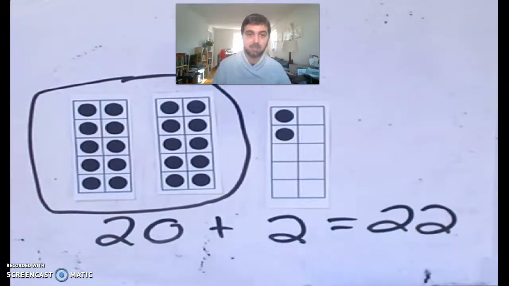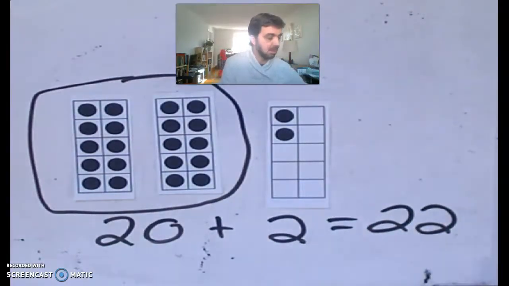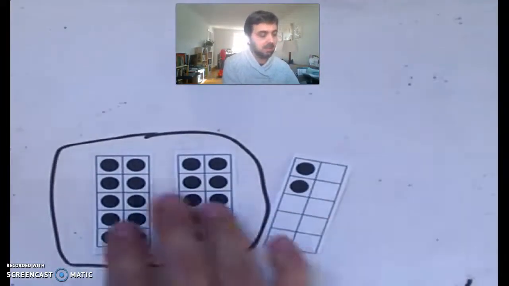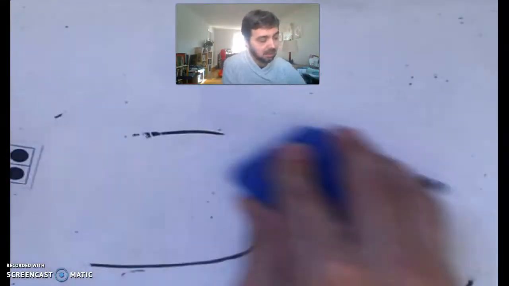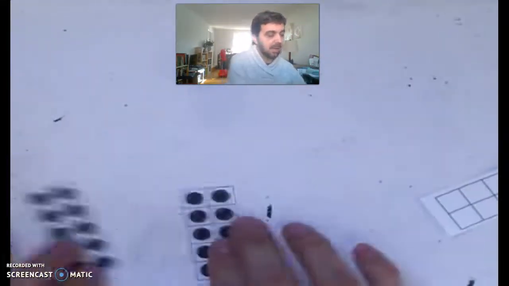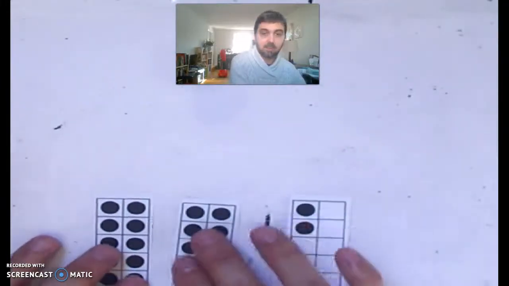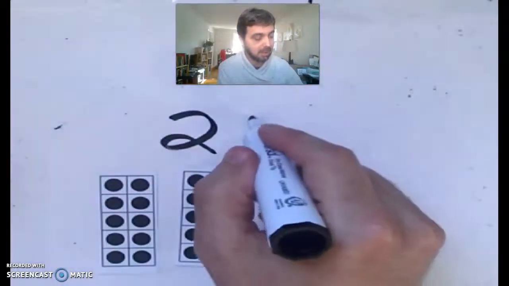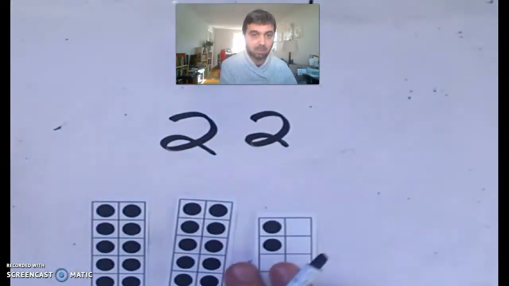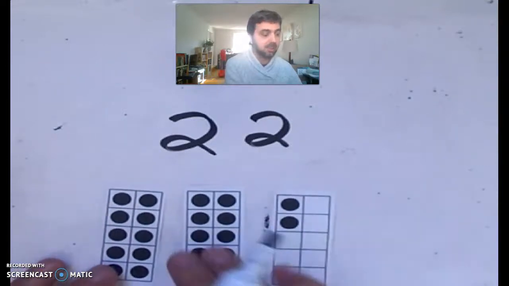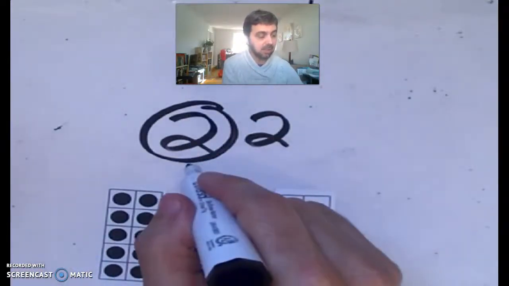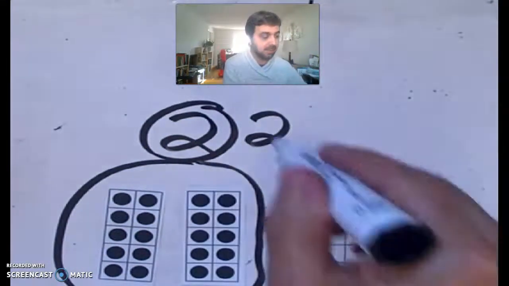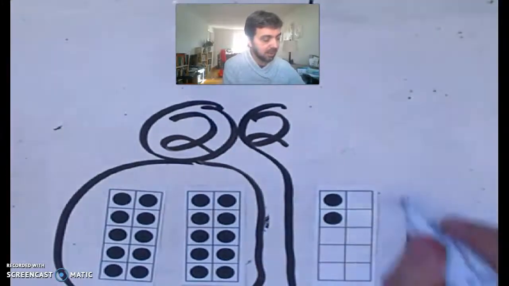Okay? All right. So just to show that one more time, I'm just going to move this down a little bit. Let me erase this. Sorry. If I put it like this, we have 22. So this 2 refers to all of this right here. That's 20. And this 2 refers to this right here.